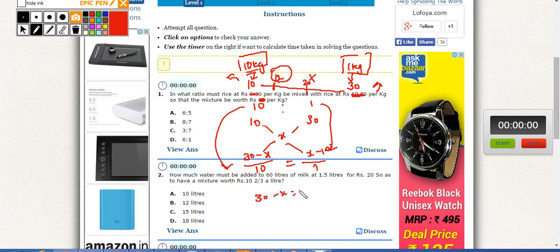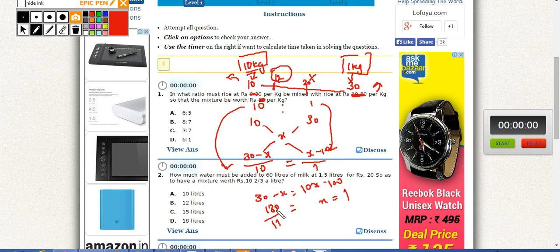30 minus x equals 10x minus 100. So this would be 11x equals 130, and x is 130 by 11. This would be my average price. Let's see how much that comes to.